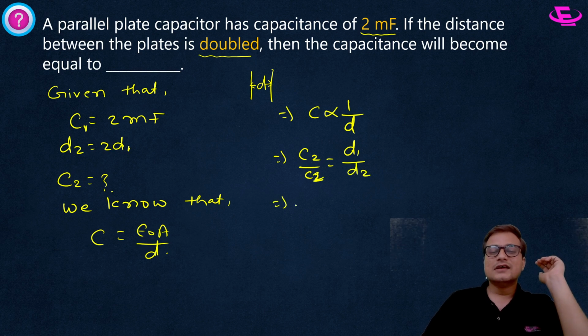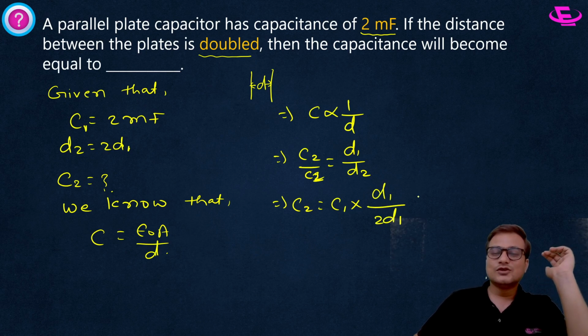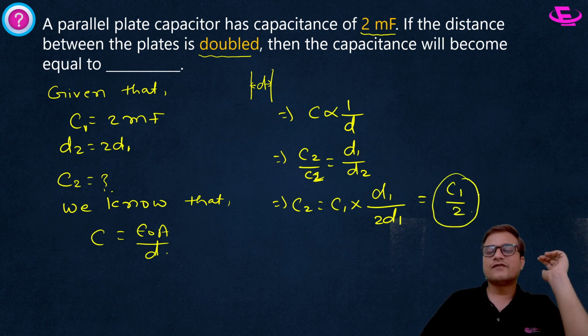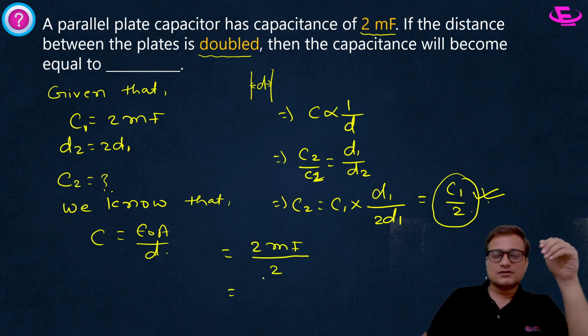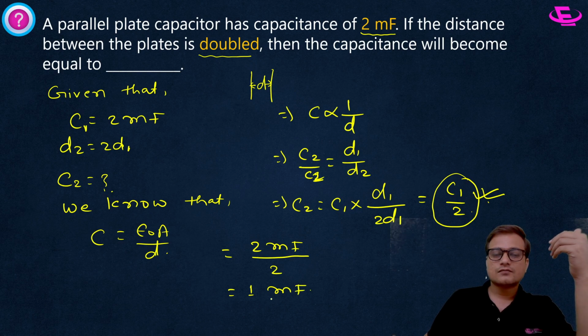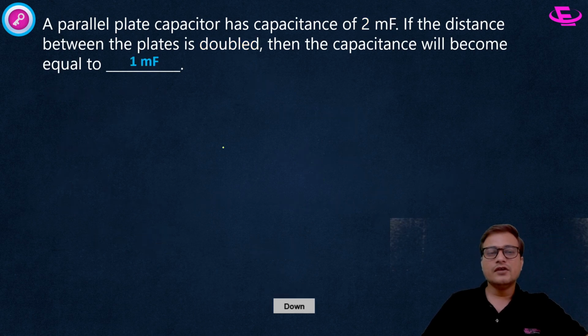So C2 will become equal to C1 into d1 divided by d2. Instead of d2 you write 2 d1. From here its value will be C1 by 2. C1 by 2 means what? C1 value is 2 millifarad divided by 2, so it will become 1 millifarad. So this is the value of the new capacitance of this capacitor.